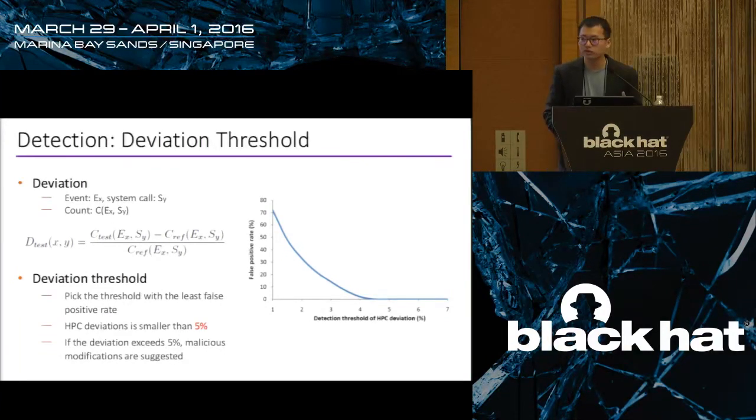Basically, when there's no malware, you will classify all the event and syscall pairs correctly. What that also means is that if you are executing the test program and you find that the deviation reaches more than 5%, that means there may be some modification in your kernel.